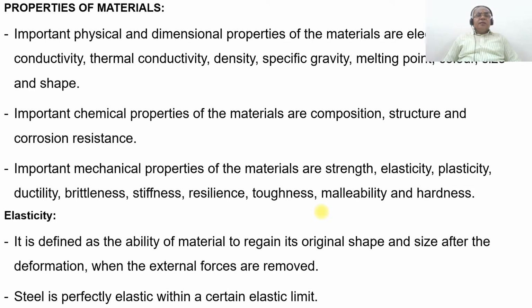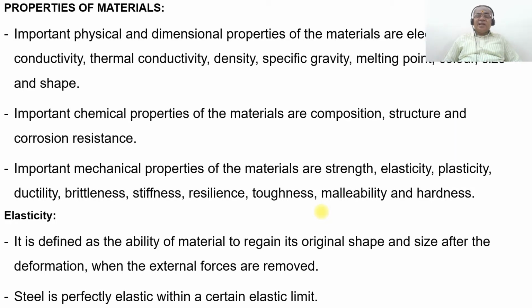Then the chemical properties, such as composition, structure, and corrosion resistance, and the important mechanical properties such as strength, plasticity, ductility, elasticity, stiffness, resilience, toughness, malleability, and hardness. So these are the major properties I need to consider: one is the physical and dimensional, the second is the chemical, and the last is the mechanical properties.